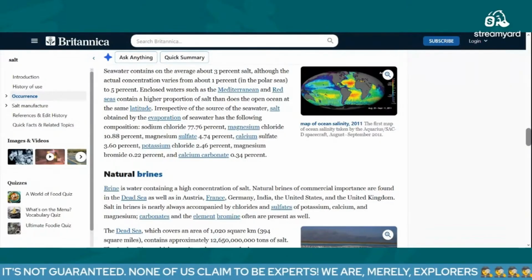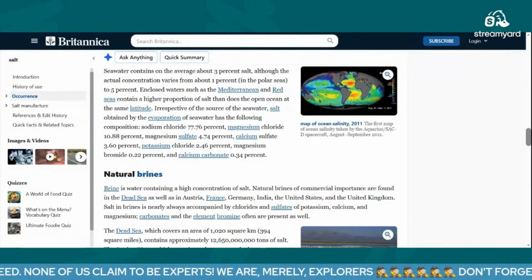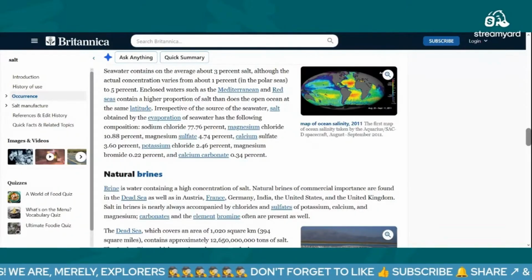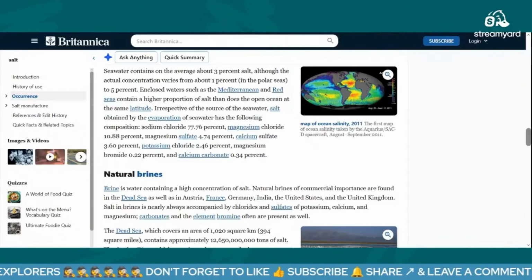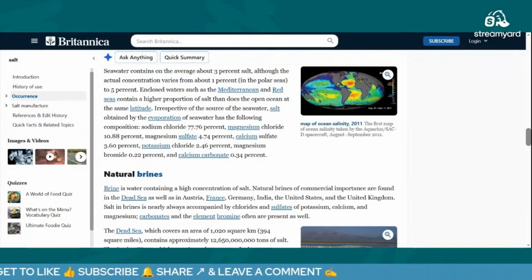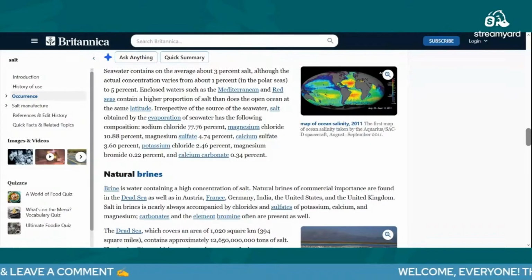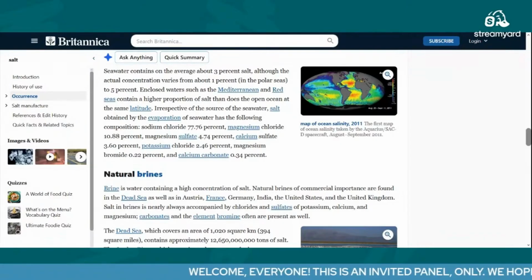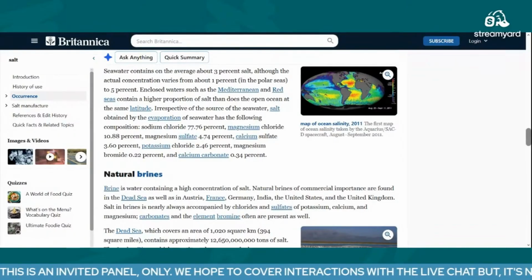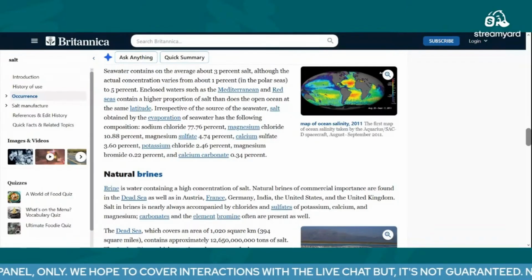Irrespective of the source of the seawater, salt obtained by the evaporation of seawater has the following composition: sodium chloride, 77.76%, magnesium chloride, 10.88%, magnesium sulfate, 4.74%, calcium sulfate, 3.60%, potassium chloride, 2.46%, magnesium bromide, 0.22%, and calcium carbonate, 0.34%.